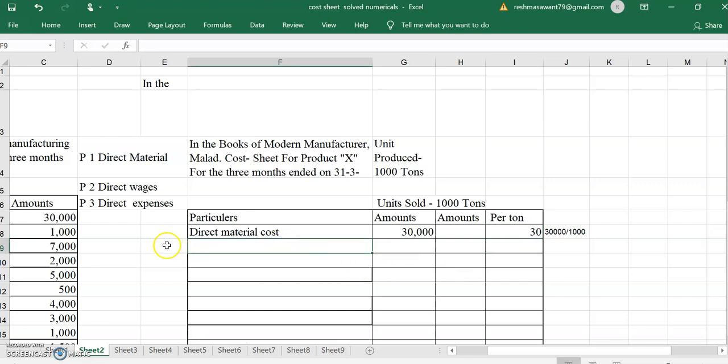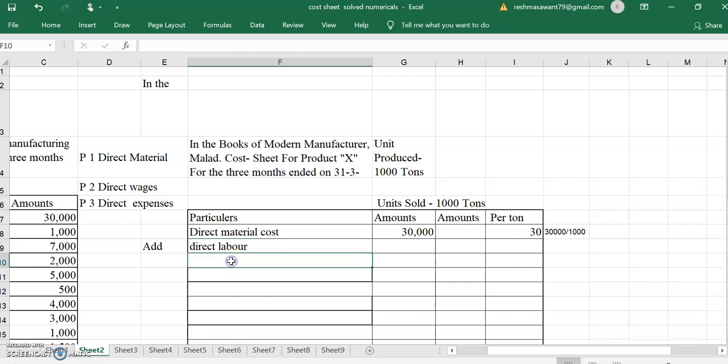Next heading, add direct labor. Under this heading, there are two main points.